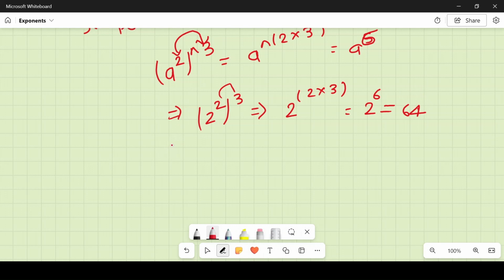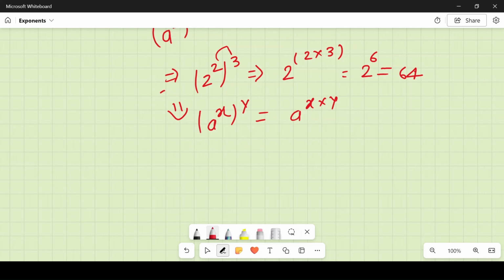Okay, so now let's make it more generic. Suppose I have a base A, I am raising it to power x, and then again raising the whole power to y. Then I can write this as A to the power x multiplied by y.